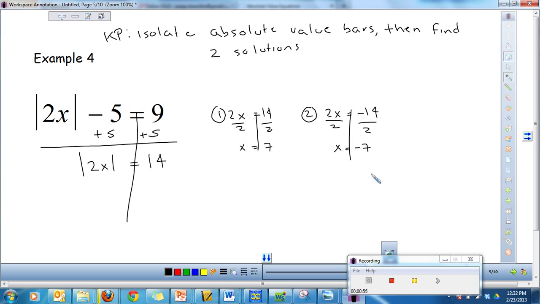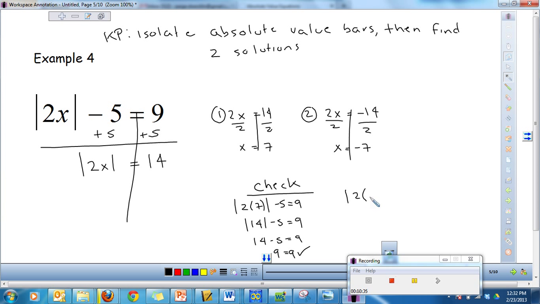Let's just double check to make sure that that works. Is the absolute value of 2 times 7 minus 5 equal to 9? Well, 2 times 7 is 14. What's the absolute value of 14? It's 14. What's 14 minus 5? It's 9. It works. Let's check our second one.